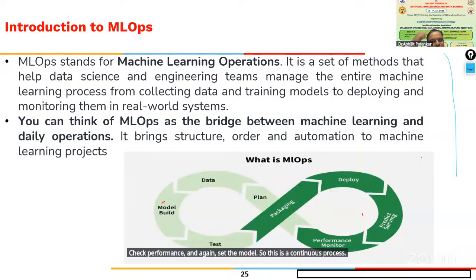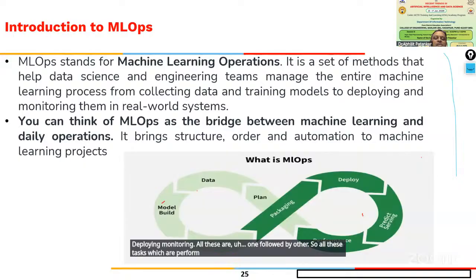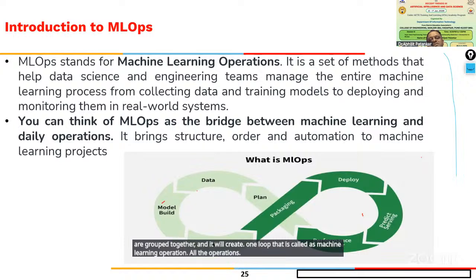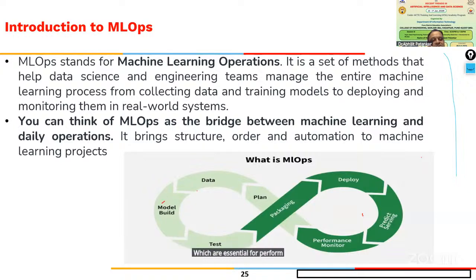Some processes for ML, like data collection, training, deploying, monitoring, are all followed one by another. All these tasks performed one after another are grouped together, and they create one loop that is called machine learning operation. All the operations which are essential for performing this are called machine learning operation.